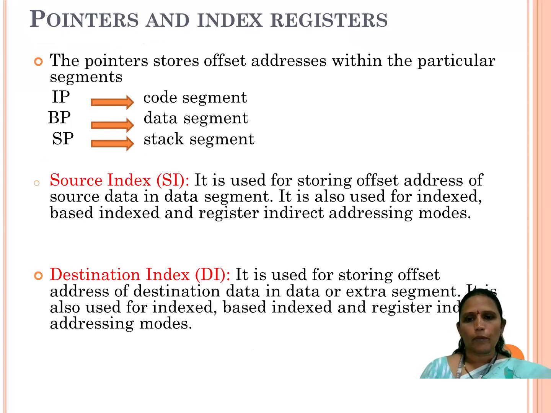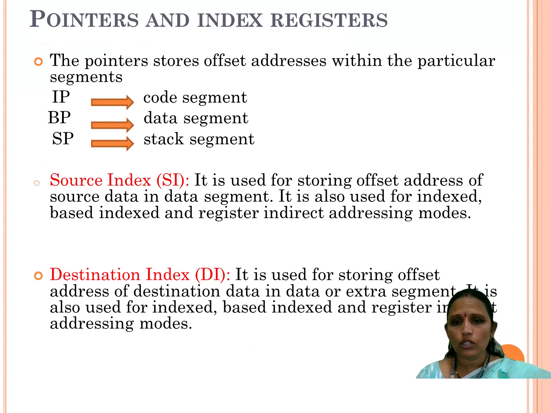And the next type of registers are the pointers and the index registers. The pointer and index registers store offset addresses within the particular segments. Here the pointer registers are the instruction pointer, base pointer, and the stack pointer. In the instruction pointer, we store the offset address in the code segment.